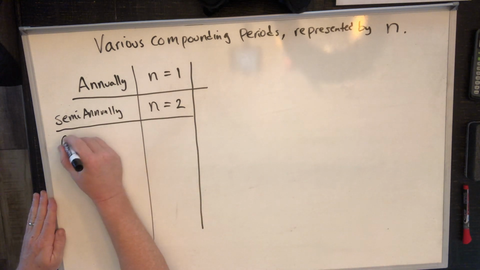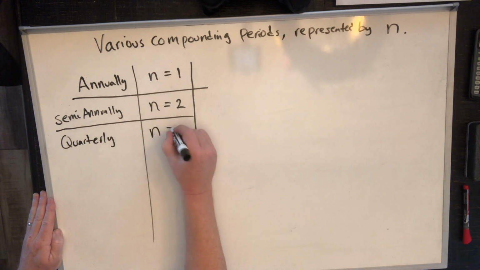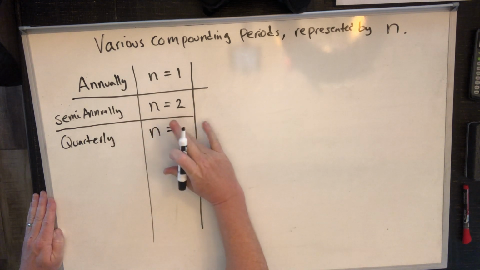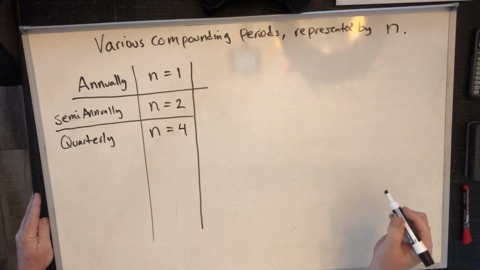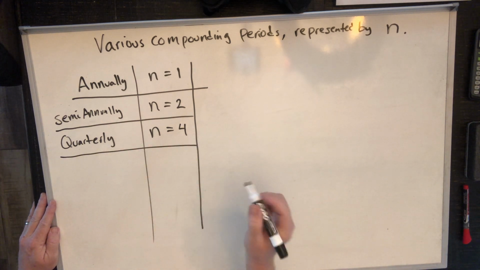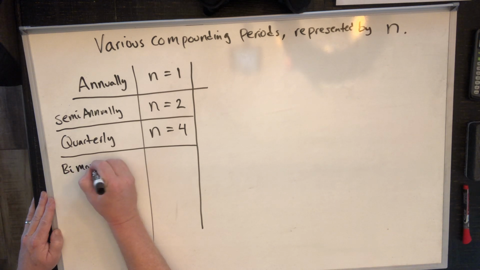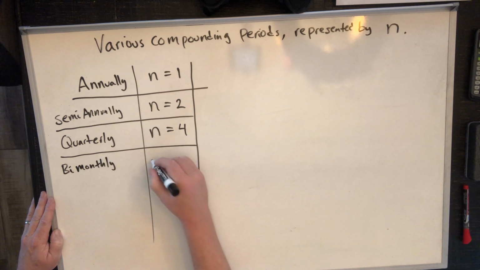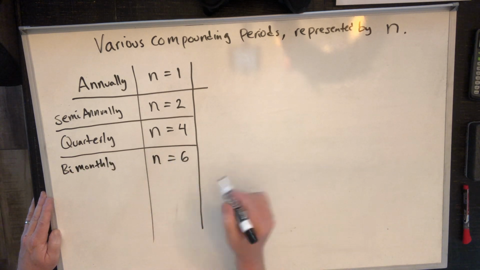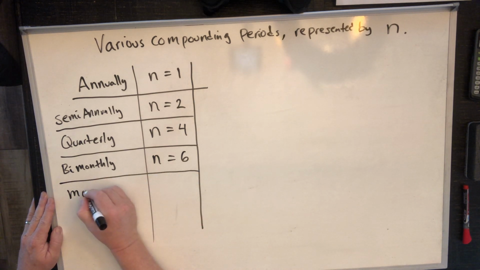You could compound quarterly, n would be equal to 4. You could compound bi-monthly. That would be n is equal to 6. You could compound monthly.